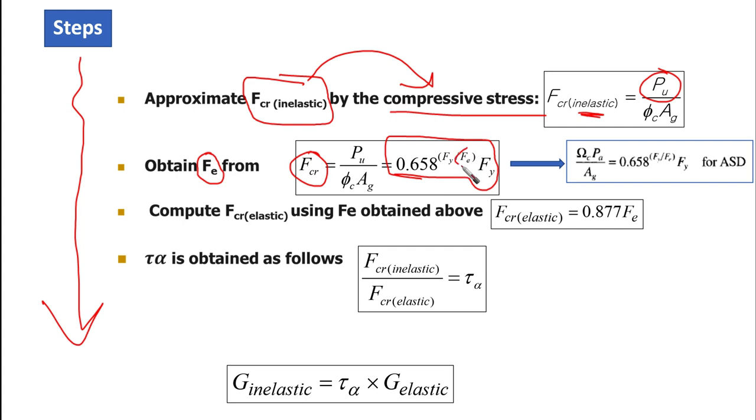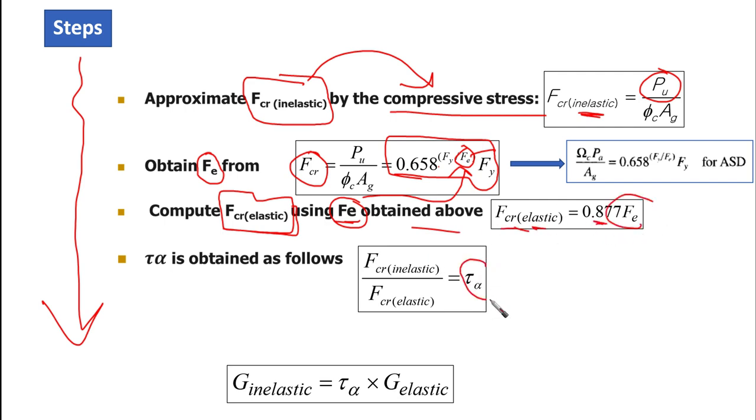This is the only unknown here, Fe. Then we are going to obtain Fe from here. Then compute Fcr elastic using the Fe obtained from here. Fcr elastic is going to be 0.877 Fe.